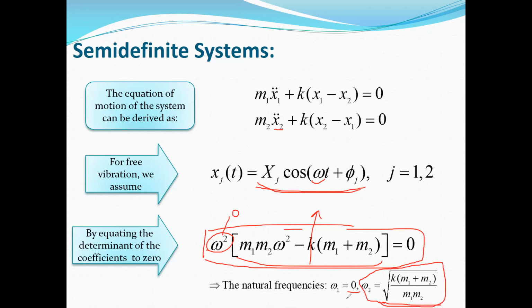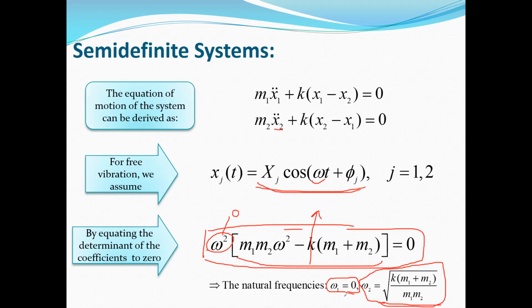So the first frequency, or the lowest frequency, is 0, and this is the characteristic of the systems which we call semi-definite systems or unrestrained systems. So in these systems, the lowest frequency is 0, or they have one zero natural frequency, and this 0 is due to the rigid body motion.